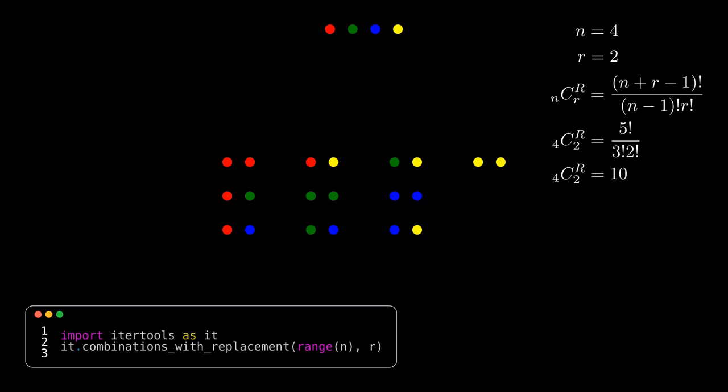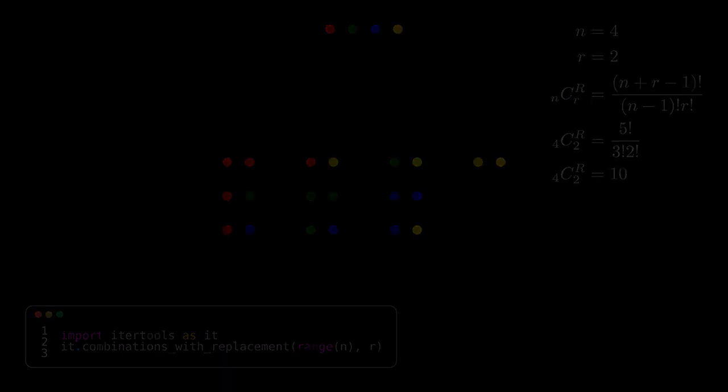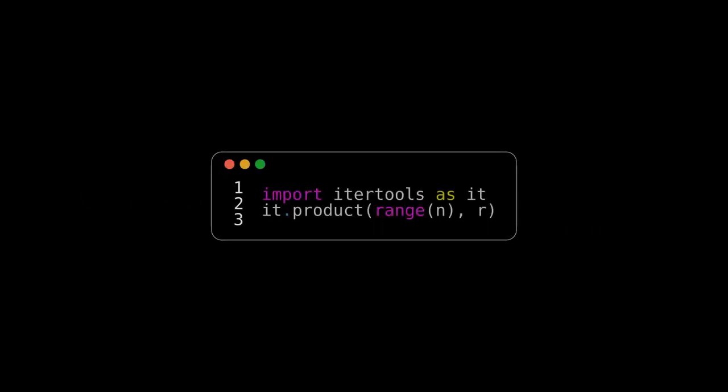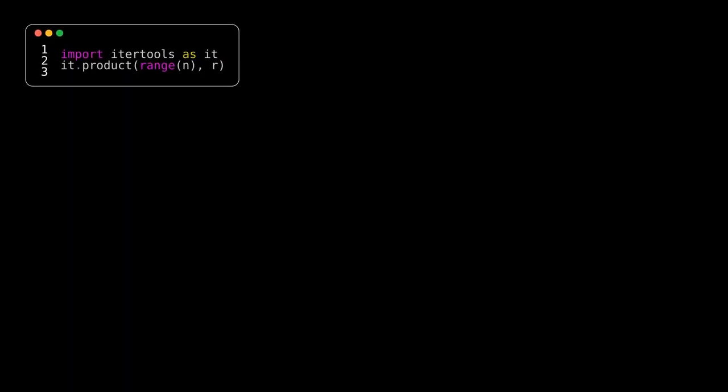And our last one is permutation with replacement. Okay, it's called the product in Itertools. All right, we're going to start again with 4 balls. And, okay, order matters because it's permutation. And we're going to replace the ball so we can have repeats.